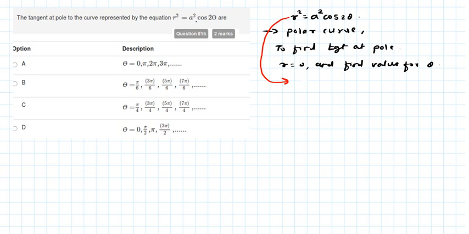So let's put r equal to 0 in the given equation. When you put r equal to 0, a square cos 2 theta is equal to 0.